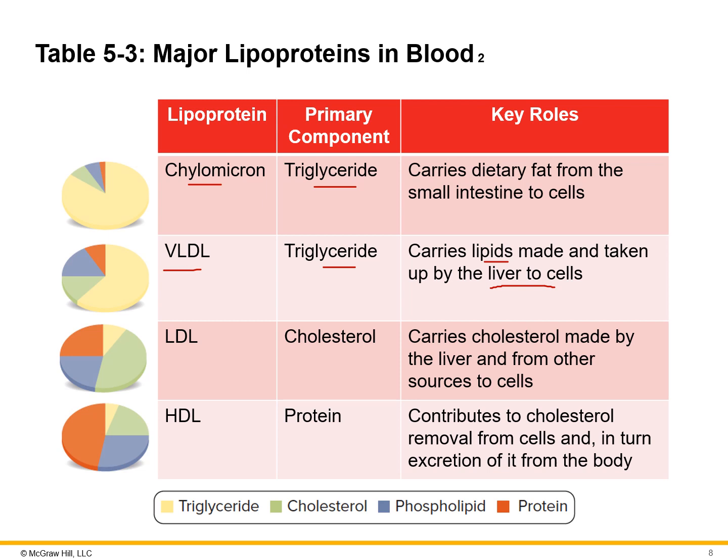So it's carrying triglycerides. The LDL has that cholesterol in it, and unfortunately it's taking that cholesterol and storing it there in the bloodstream. Whereas our HDLs that have a lot of proteins, it's going to help remove the cholesterol from the cells and get it out of the body.